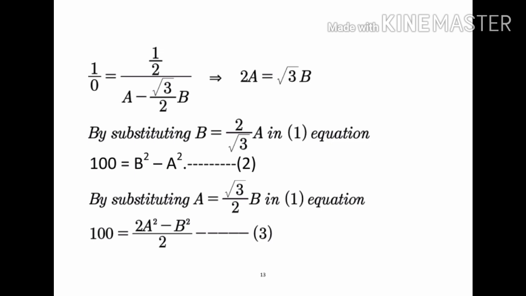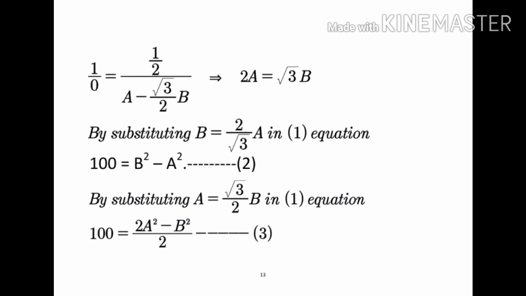In a similar way, from 2a equal to root 3 b, a is equal to root 3 by 2 b. Again it is substituted in the first equation, that is 100 equal to a square plus b square minus root 3 ab. Then we can get 100 is equal to (2a square minus b square) by 2.